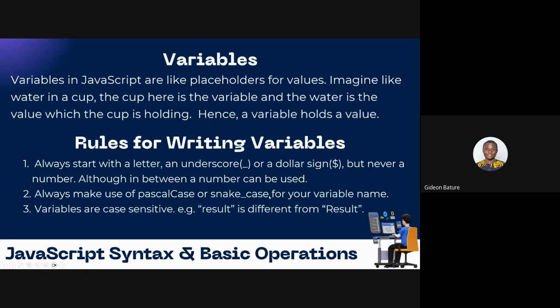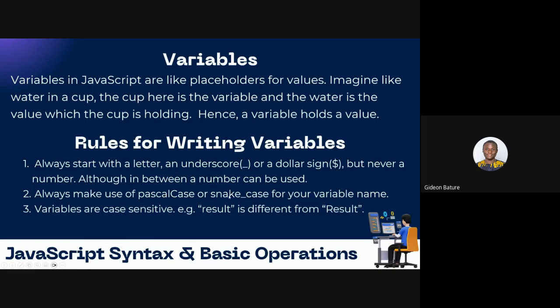Or you can get something like this, where you have my and name separated by an underscore. So those are the two most recommended ways. That doesn't mean you cannot use any other variable naming type, but the most advisable is to use Pascal case or snake case.